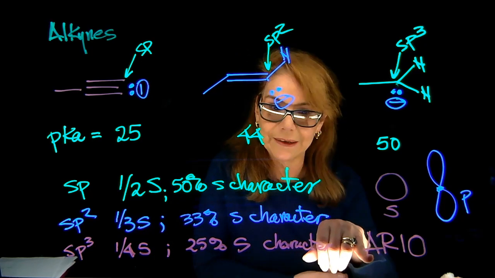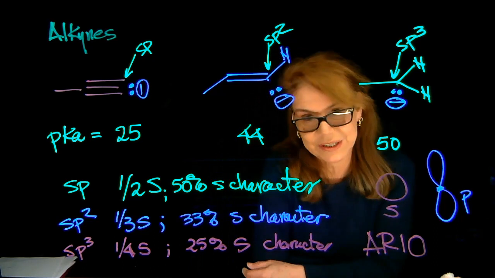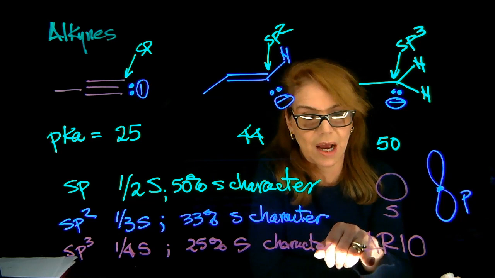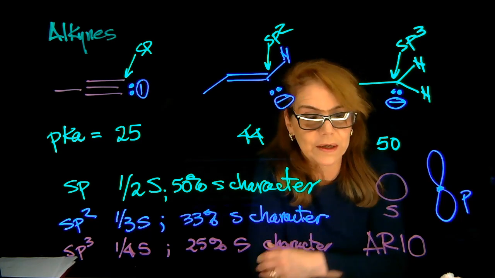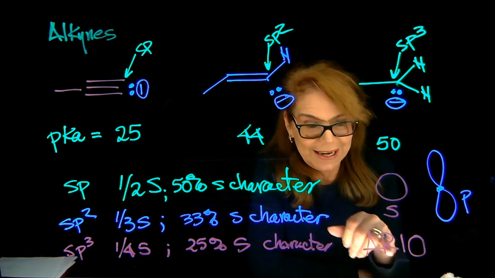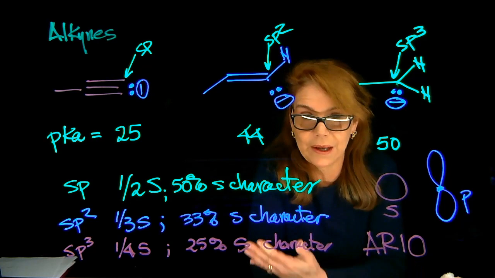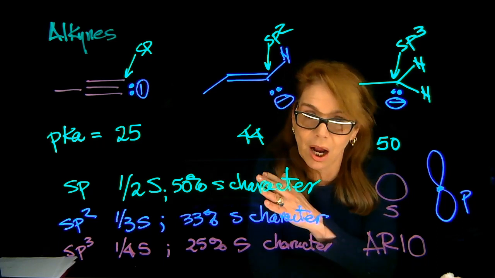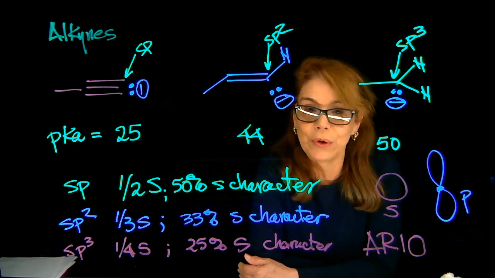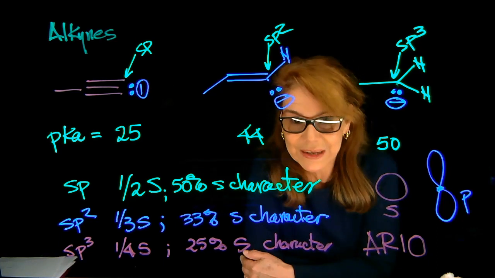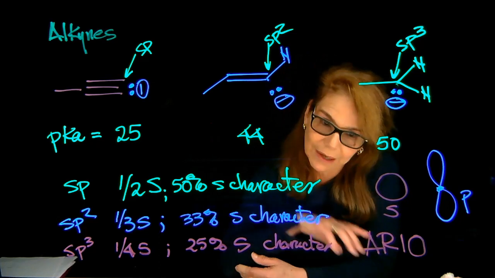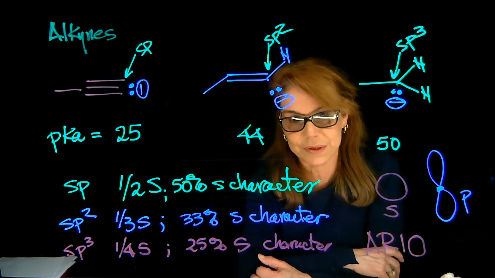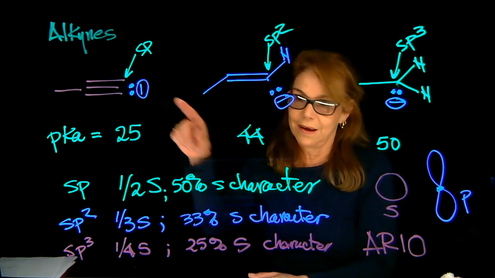In here, the A is analyzing the atom in which, for example, in the conjugate base, the negative charge resides, R for resonance effects, I for inductive effects, and O for the orbital where you have the electrons of the charge in the conjugate base. So in here we have explained the difference in acidity of alkynes using mostly the orbital, the difference of the hybridization of the carbon where the hydrogen was.